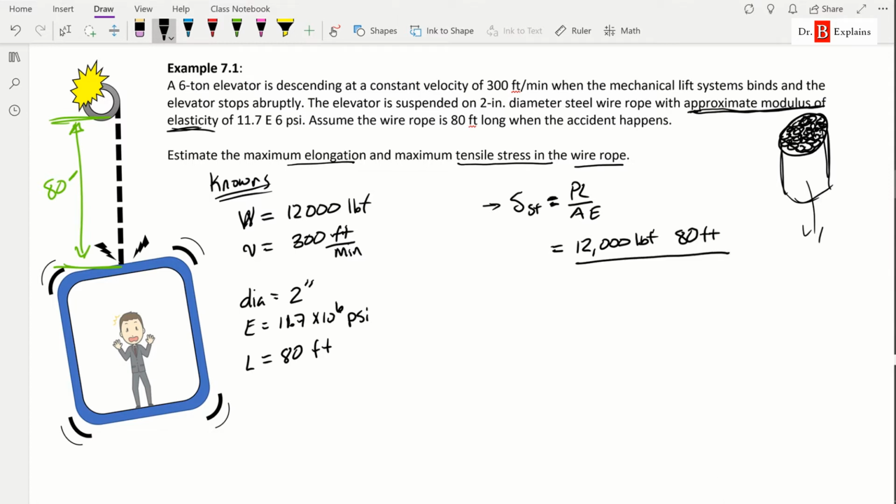There's an area at the bottom, which usually is in inches. So let me convert the 80 feet to inches by multiplying by 12. Next is the area. They tell us the diameter is 2 inches, so the area is going to be pi by 4 times 2 squared. Remember, that is in inches.